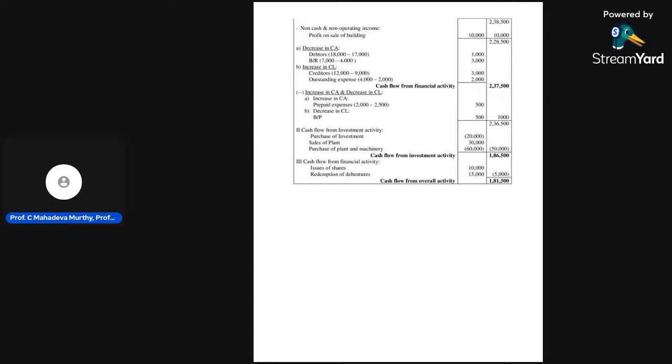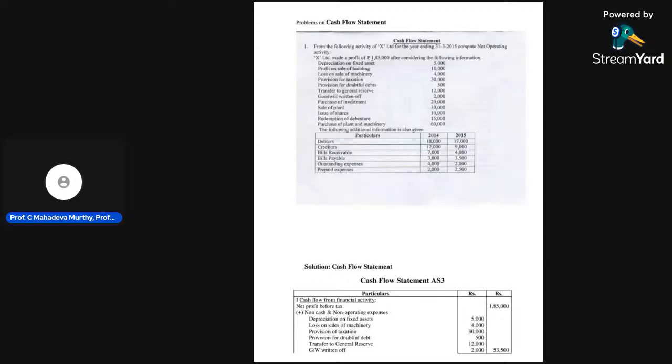Okay, tomorrow I will continue, or shall I finish the cash flow statement, or tomorrow will I engage? Will I continue another 5-10 minutes?